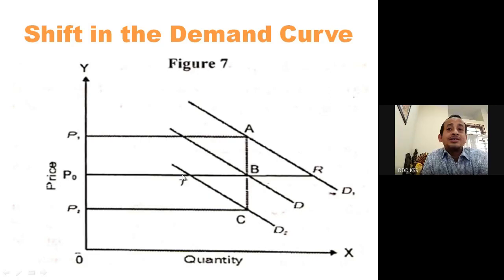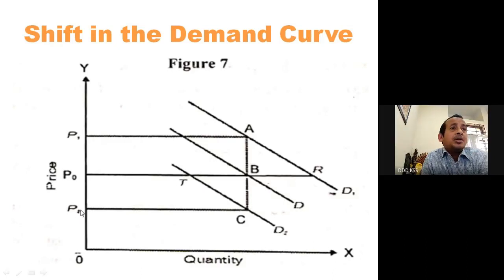Demand decrease. This is demand decrease. So this is the original demand point. D1 is increased demand and D2 is decreased demand. Okay, so how is the demand curve getting shifted?